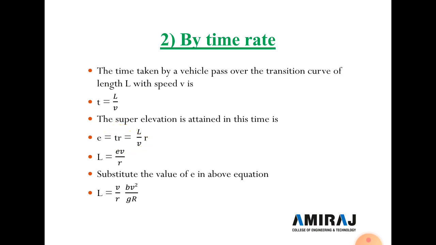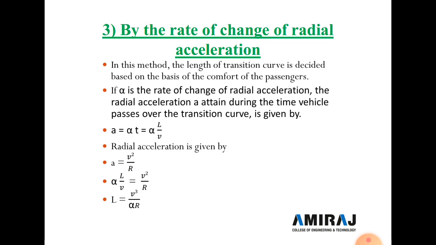So E is equal to T r is equal to L divided by V into r. So the length L is equal to E V divided by small r. Now substitute the value of E in the above equation, where E is equal to BV square divided by GR. So the length of the transition curve is B V square divided by G R, multiplied by V divided by r.